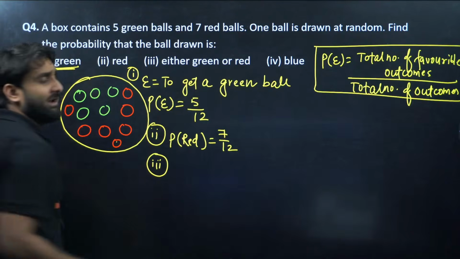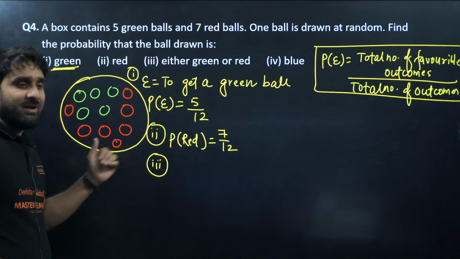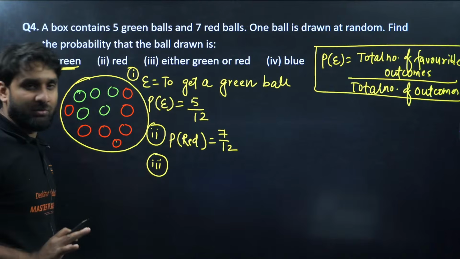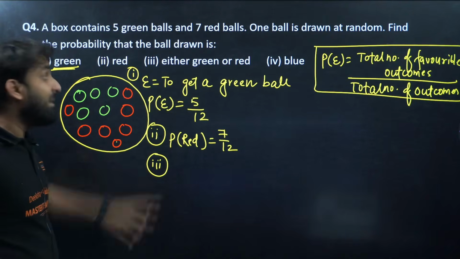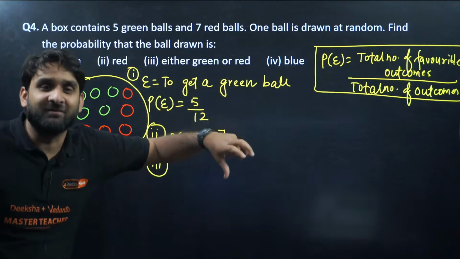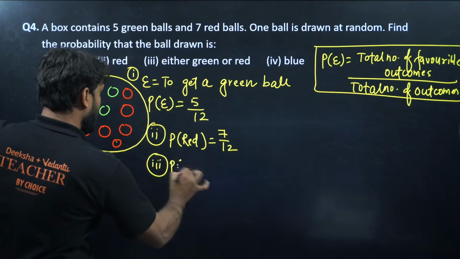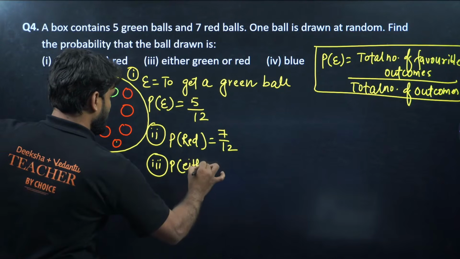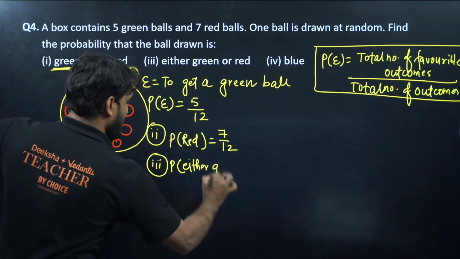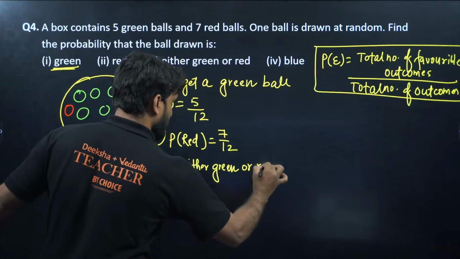Third question. Either green or red. When we are picking the ball randomly, it can be green or it can be red. This is our favorable condition. If the ball is red or green, both are favorable here. So P, and we can mention here, either green or red.